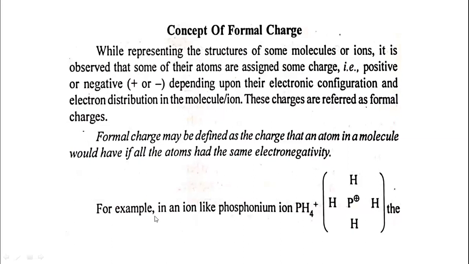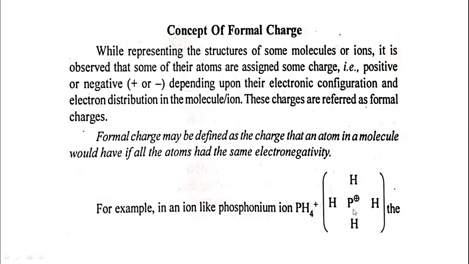For example, in a phosphonium ion, PH4+, the central phosphorus atom has the positive charge, and the four hydrogen atoms bonded to the phosphorus have the same electronegativity.